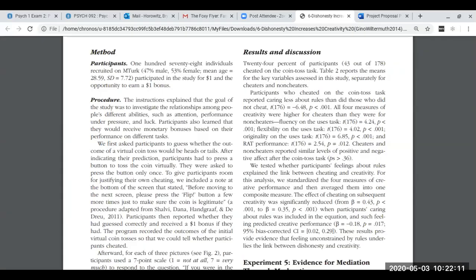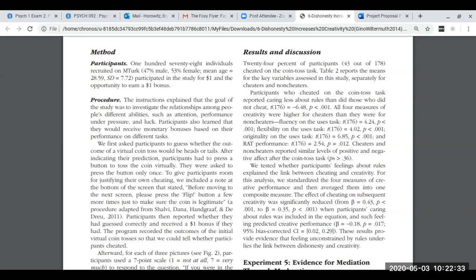We tested whether participants' feelings about rules explained the link between cheating and creativity. For this analysis, we standardized 4 measures of creative performance and then averaged them into one composite measure. The effect of cheating on creativity was significantly reduced when participants caring about rules was included in the equation, and such feeling predicted creative performance.